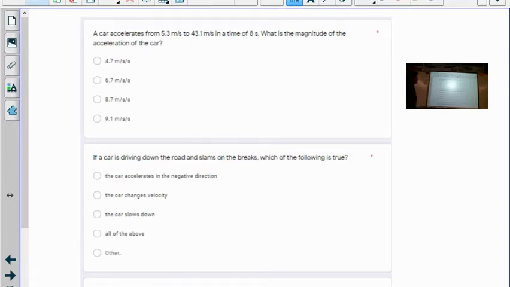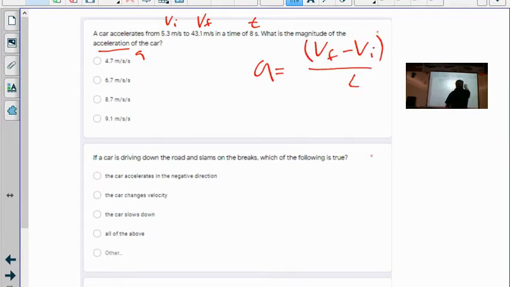A car accelerates from 5.3, that's its initial velocity, to 43.1, that's its final velocity, in a time of 8 seconds. What is the magnitude of the acceleration? Acceleration equals Vf minus Vi divided by t.